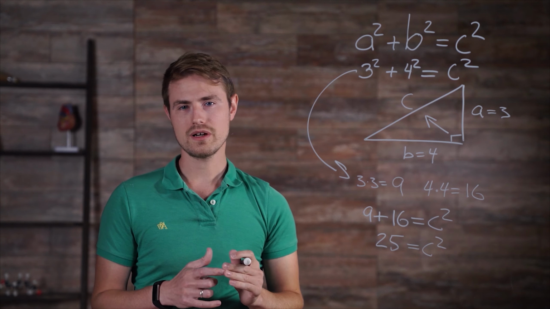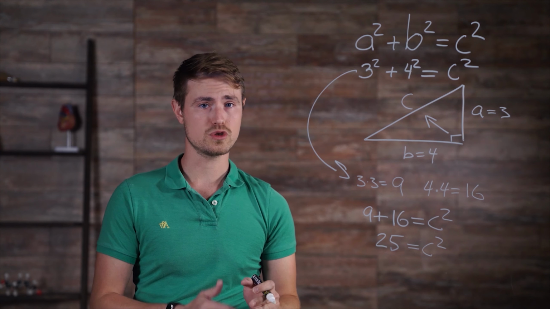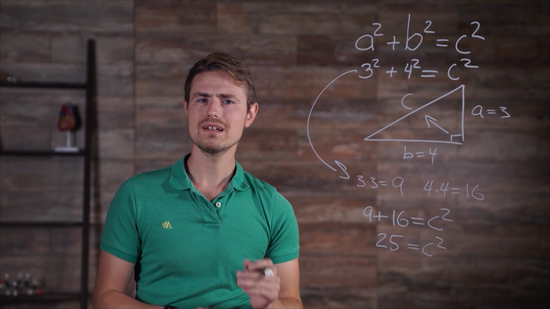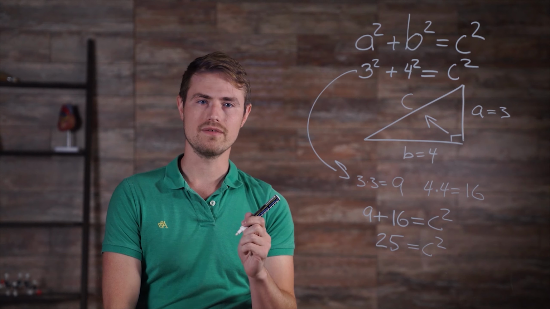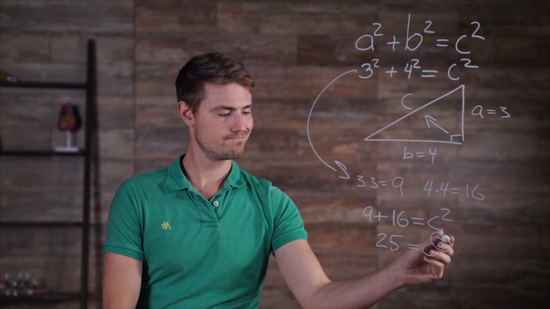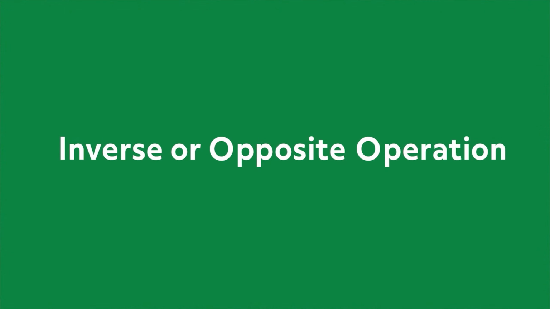Now, here's where it gets a little tricky. We know that c squared is equal to 25, but we want to know what c is, not what c squared is. So, how can we get rid of that little 2? Well, we use the inverse or opposite operation of squaring something, and that inverse operation is the square root.